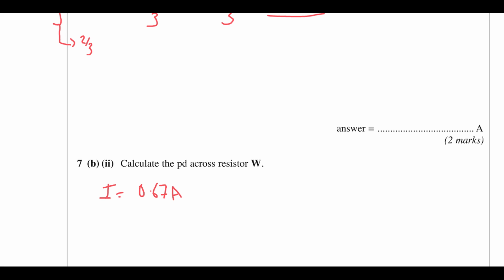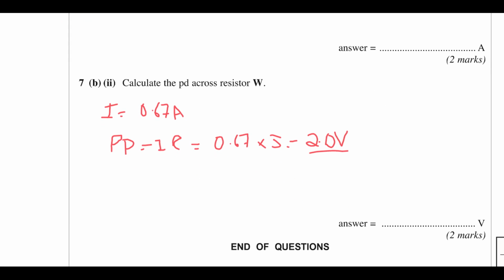Then you know the PD is IR, it's 0.67 times by 3, and that's going to be 2 volts.